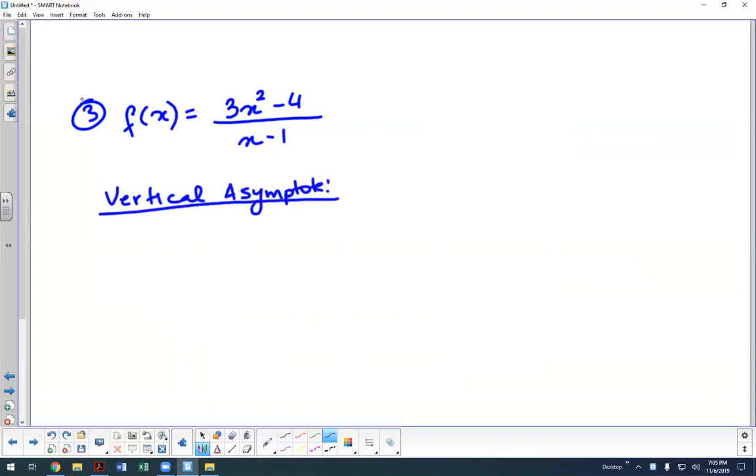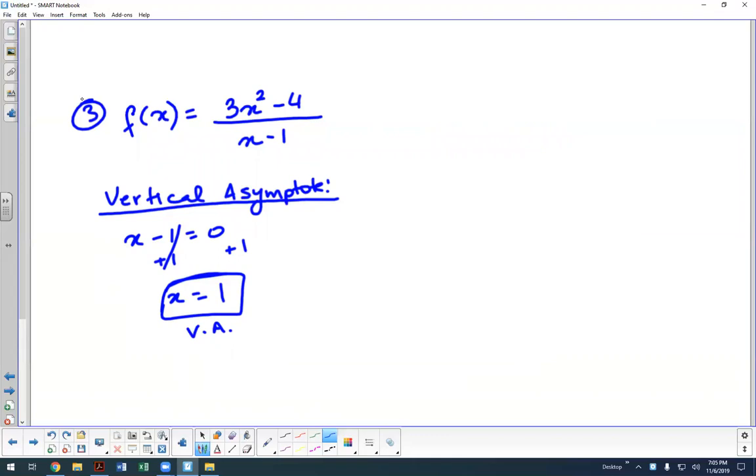What did we just talk about? x minus 1 equals 0. Which one? Denominator. Yeah, denominator, very good. And this guy, of course, is going to be pretty simple. What do we get? Yeah, x equals 1. So that's the vertical asymptote.